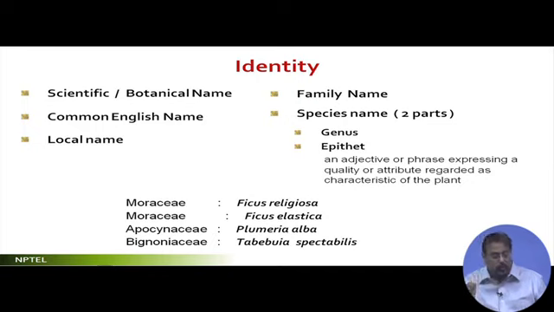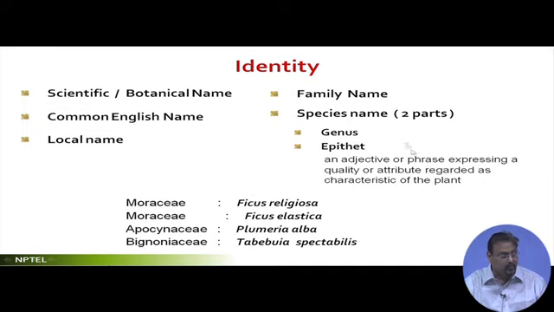So whenever you use the term Tabebuia, if you only say I will be planting Tabebuia, you are half right. You don't know which plant basically, is it spectabilis or rosea. If by mistake you wanted rosea and somebody has planted spectabilis, totally different things will be created. So be very, very cautious and careful about the identity of the tree.